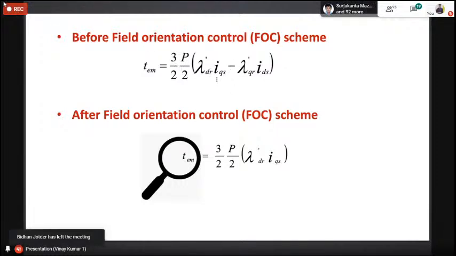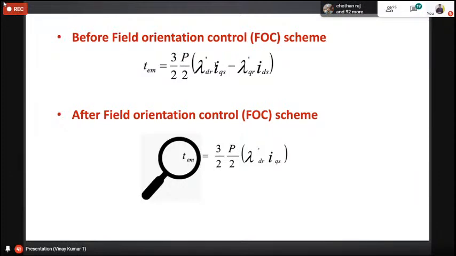This is the torque expression in terms of the two-phase circuit, right? So torque depends on lambda dr iqs and lambda qr ids. This is the torque expression after applying the Clarke transformation, right?